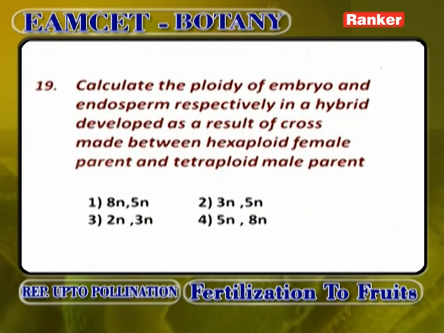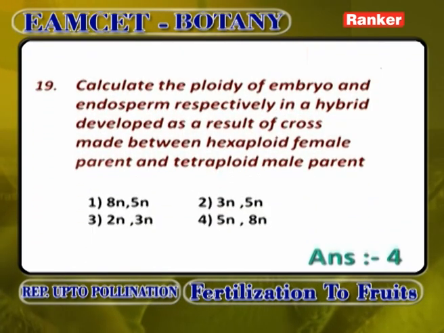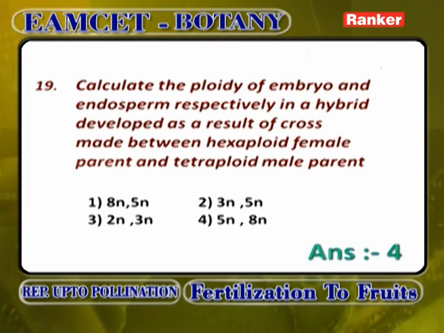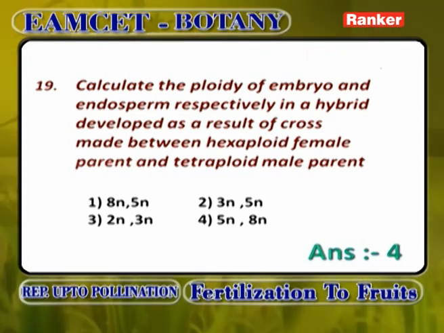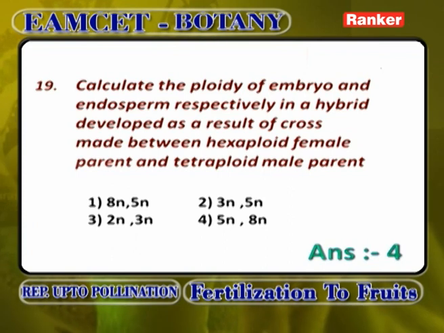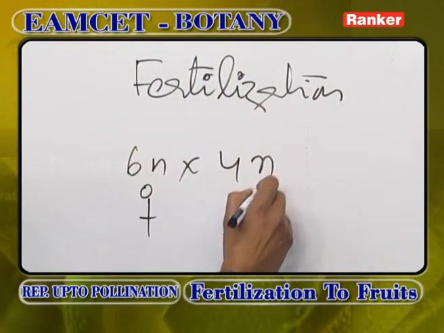Answer is 2. Calculate the ploidy of embryo and endosperm respectively in a hybrid developed as a result of cross made between hexaploid female plant and tetraploid male plant. Hexaploid female plant means 6N female plant, 4N male plant.